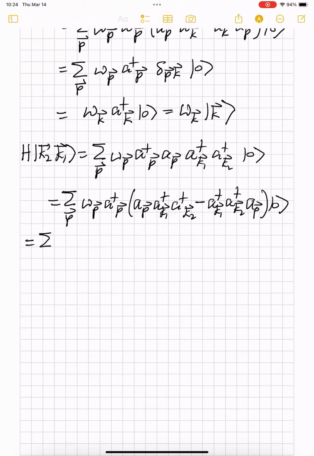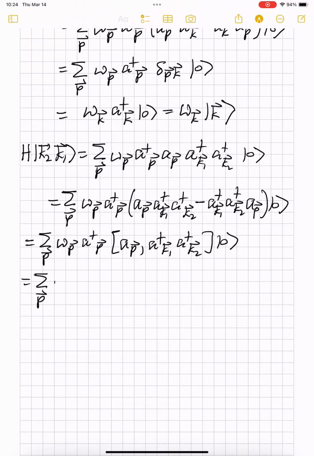But the nice thing is now, again, no shock, this is a commutator. And it's the commutator between A P and A dagger K1, A dagger K2. How do I evaluate this commutator? Well, by using the product rule. So let's do that.